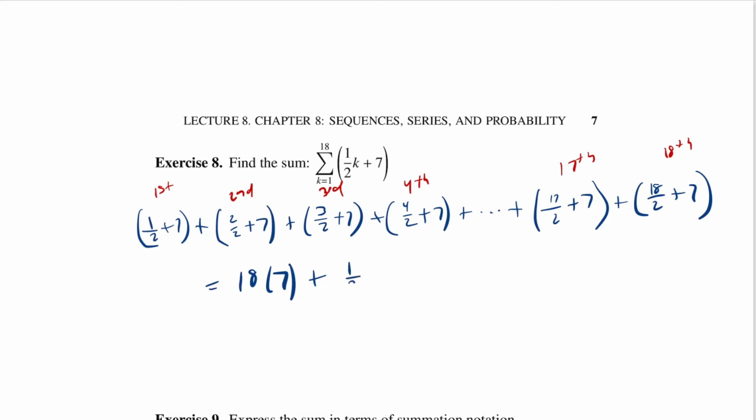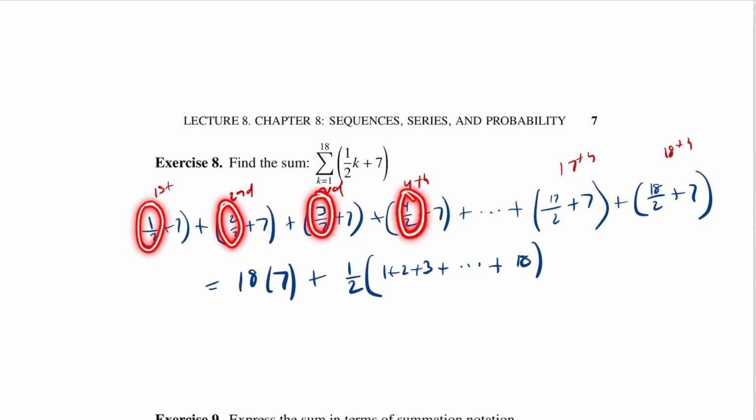And the nice thing about that is we can figure that out just by using the formula n over 2 times a sub 1 plus a sub n. So that's the formula, the sum of 18 terms, 18 over 2. The first term is 1, and the last term, the 18th term, is 18.